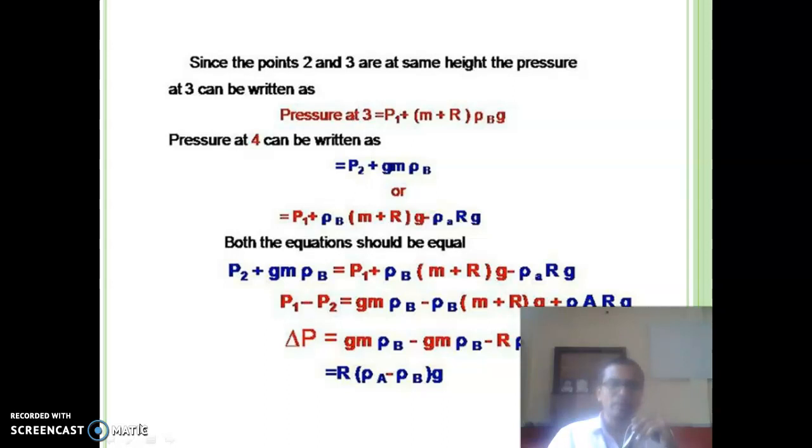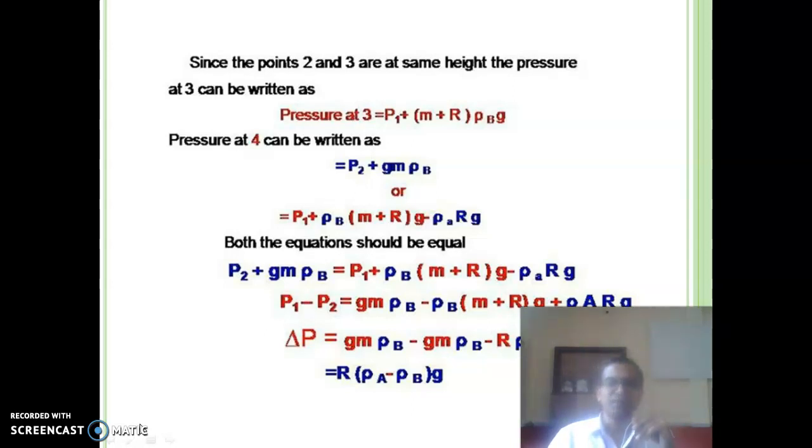Now these two equations are equal. We are trying to find out the pressure difference. So how can we find it? P2 plus GM rho B is equal to P1 plus rho B M plus RG minus rho A RG.